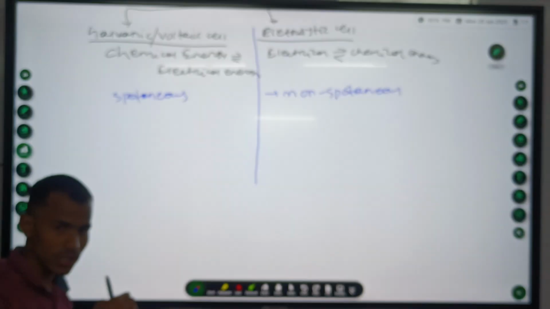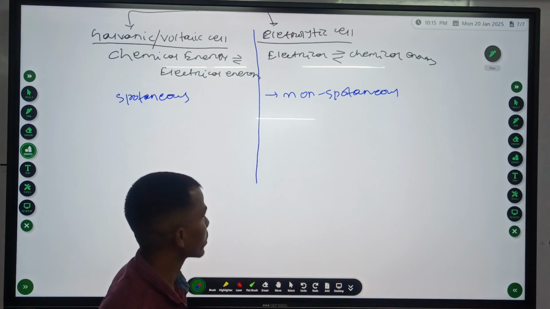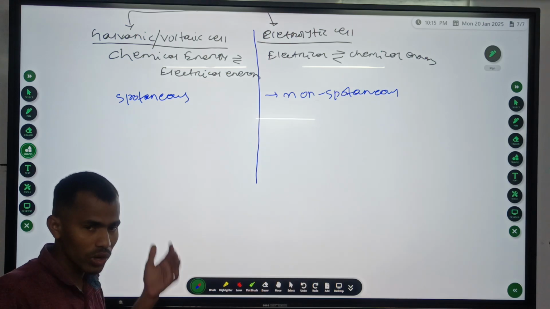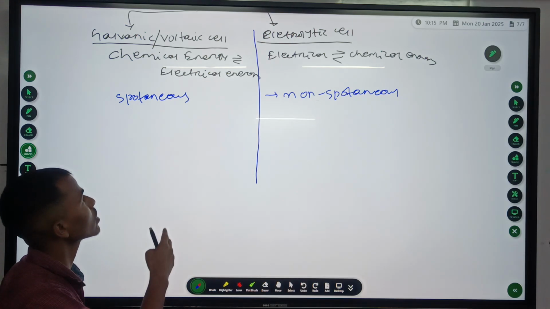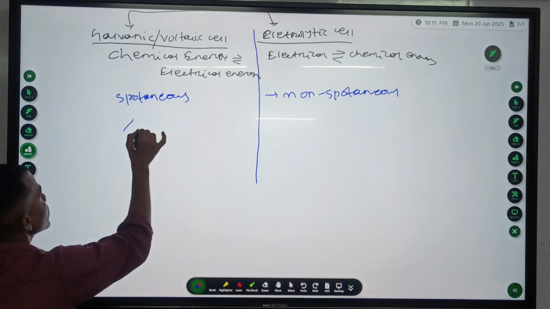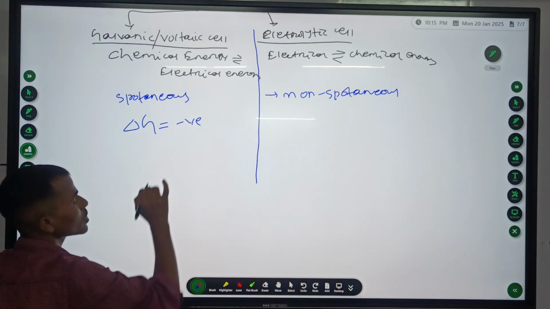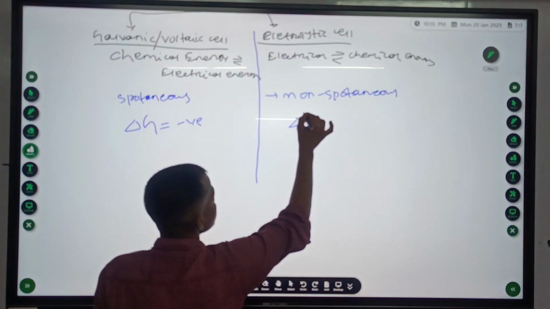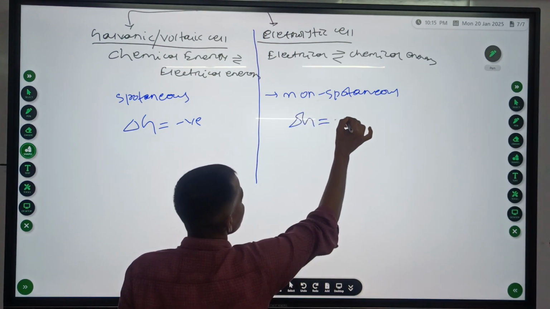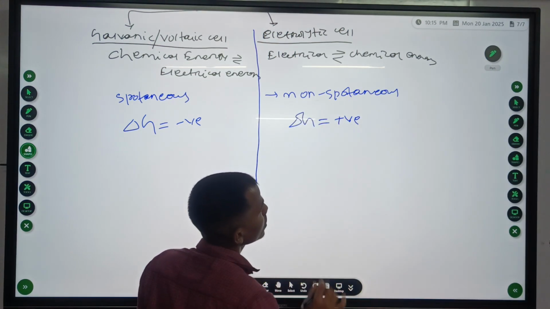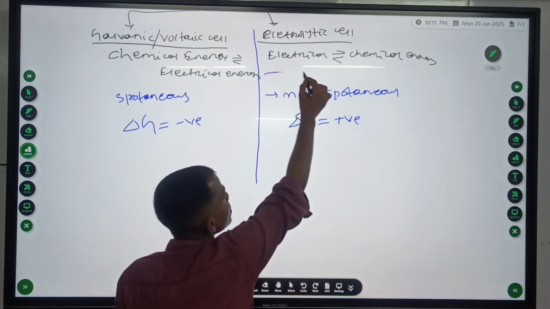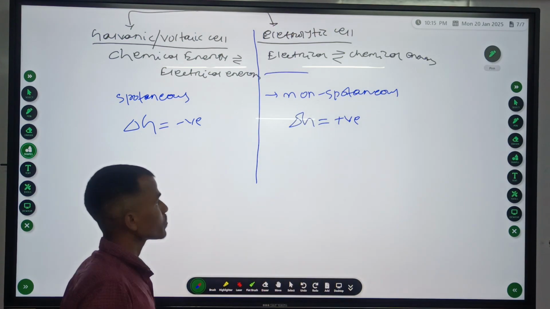But in this case, the cell is already working. For this, we do not have to give extra energy for the working of the cell. Or we can say the change in energy is negative for this cell, and for this cell the change in energy is positive. Right? Because we have to give electrical energy for the working of the cell.